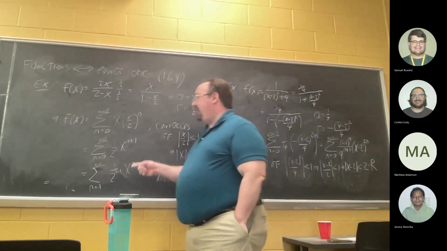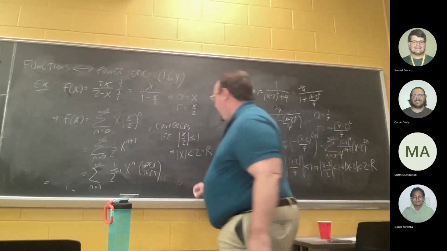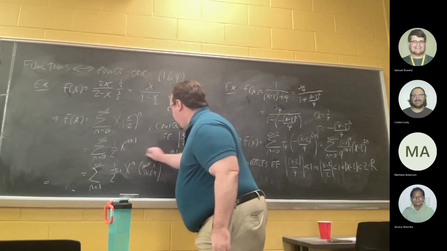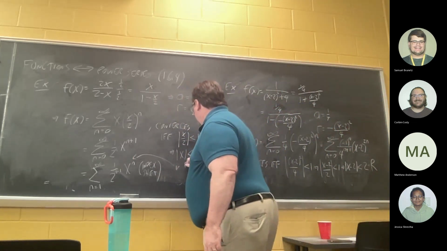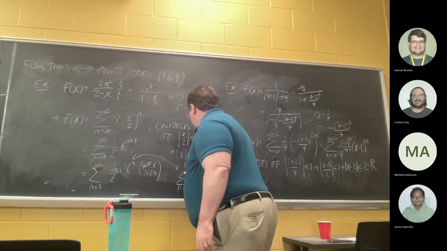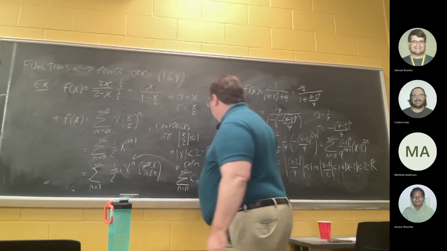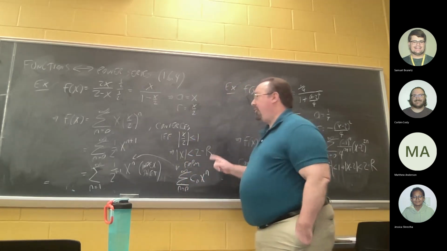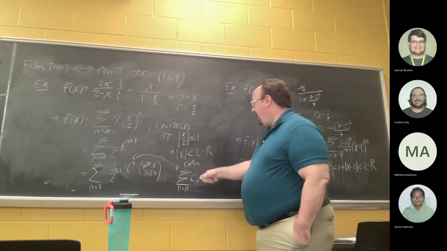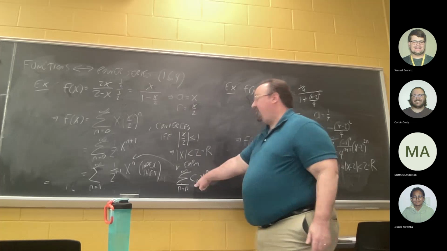I mentioned this because there are some homework problems, and so this right here is in the form sum from n equals 0 to infinity of Cn x to the n. Because some homework problems will assume a power series is in this form, or maybe x minus x naught to the n, and they want these coefficients.